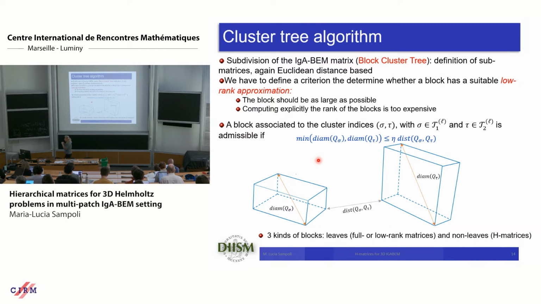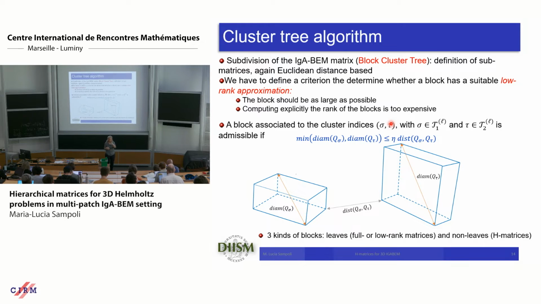A block can be associated with two clusters, where sigma is a cluster of rows and tau is a cluster of columns. In this way we proceed, subdividing the matrix into different blocks.